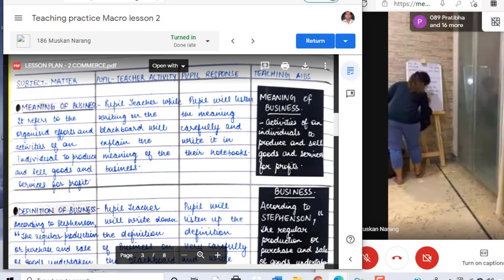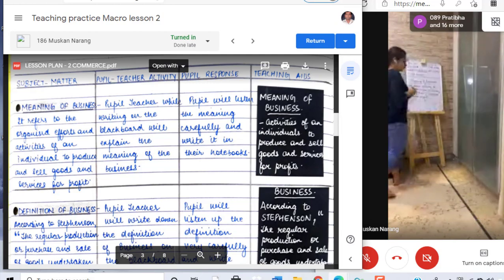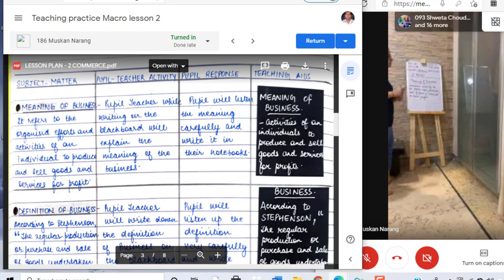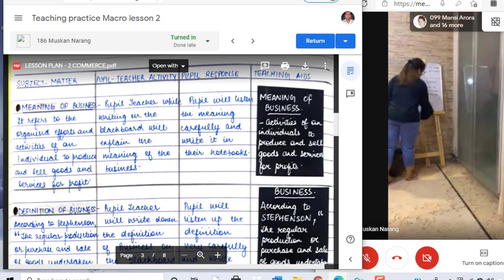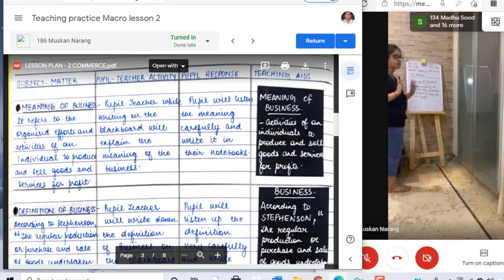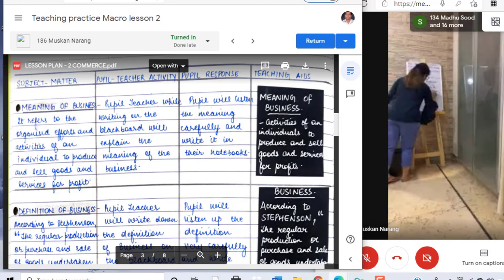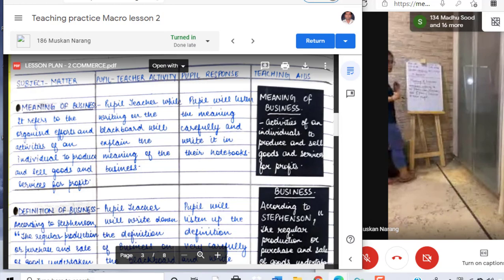So students, open your notebooks and write down the meaning of business, which basically focuses on 3 parts. I'm highlighting the keywords in the meaning of business. It's an economic activity. It's production, purchase and sale of goods and services.